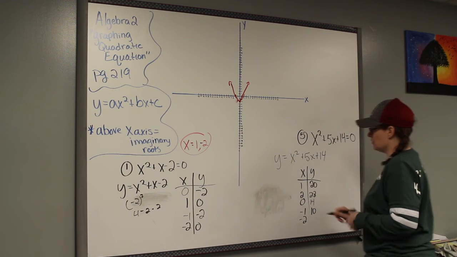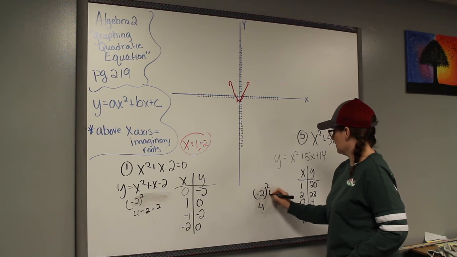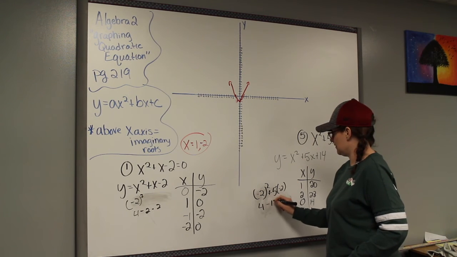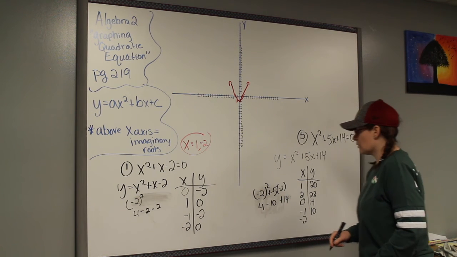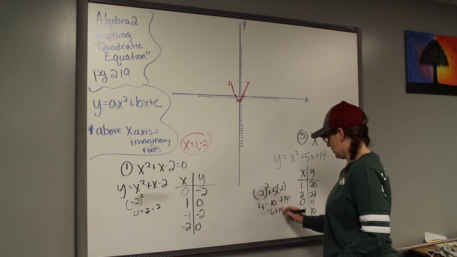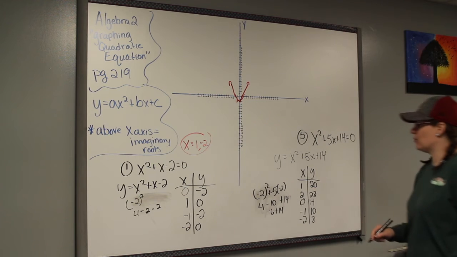So -2 squared is 4 plus 5 times -2, which would be -10, plus 14. So 4 minus 10 is -6, and -6 plus 14 would be 8. Okay, so here's my 5 points.